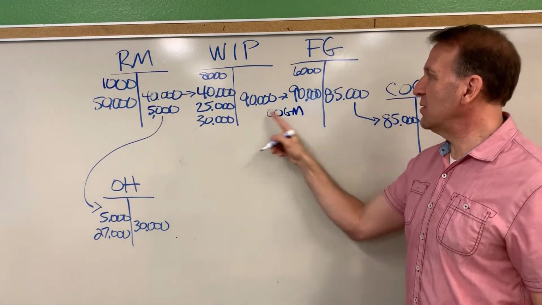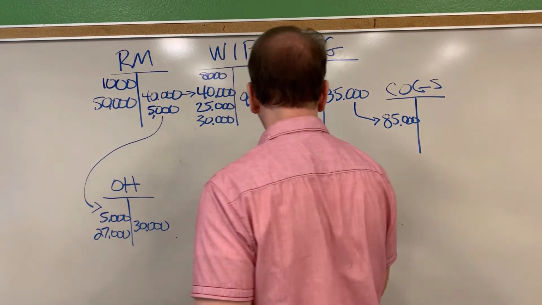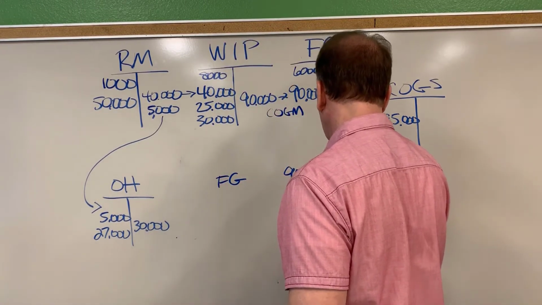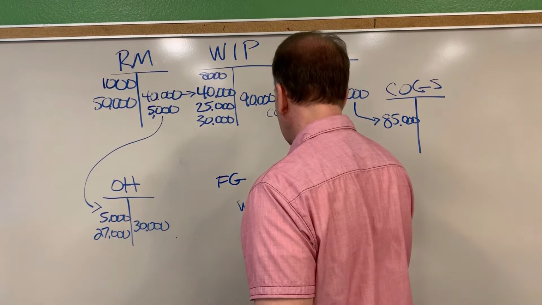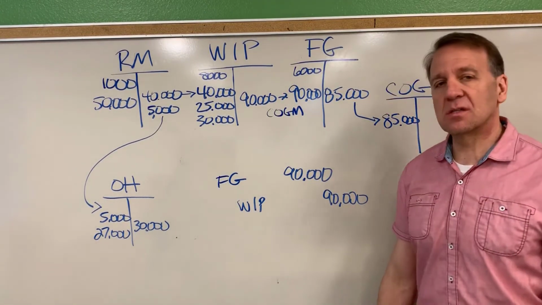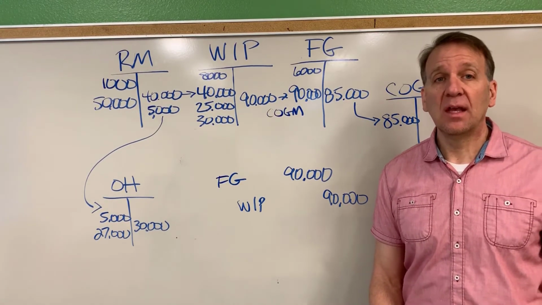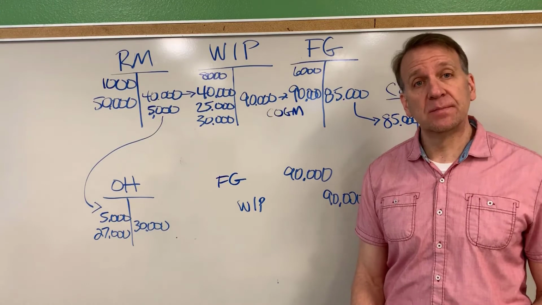So the journal entry you can see right here would be to debit finished goods 90,000, and then the credit is to work in process for 90,000. So this is just to transfer the cost of the goods manufactured out of work in process into finished goods.